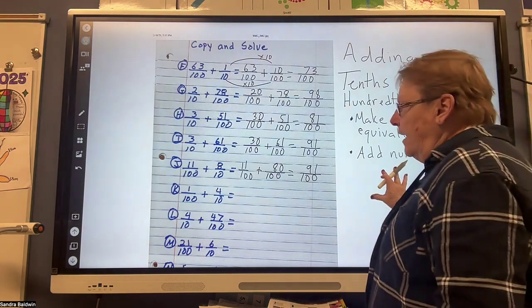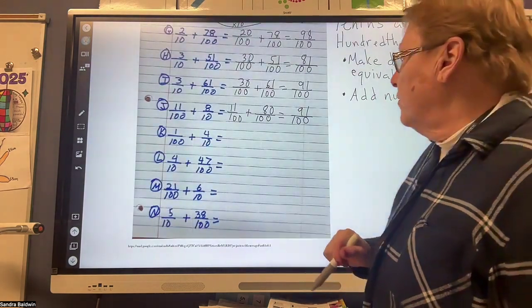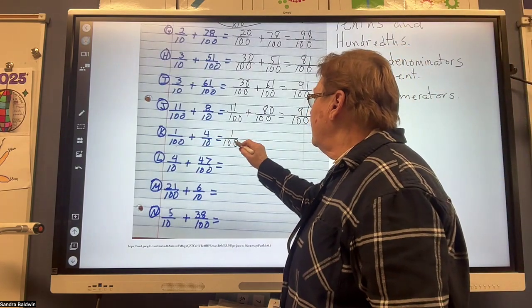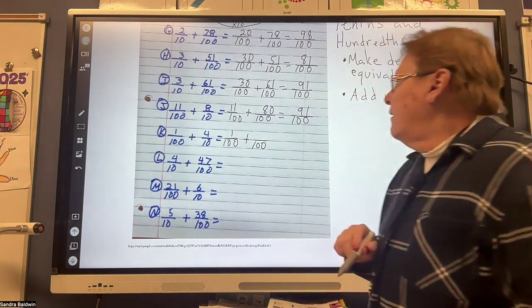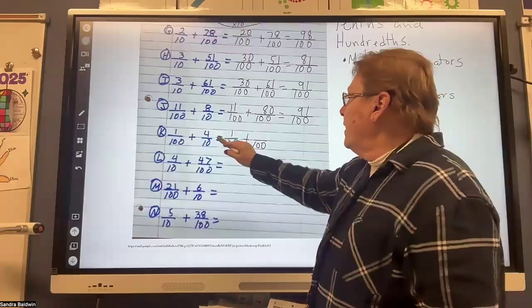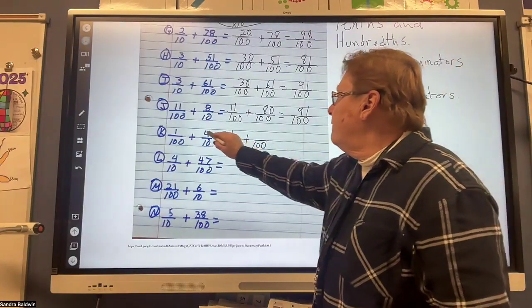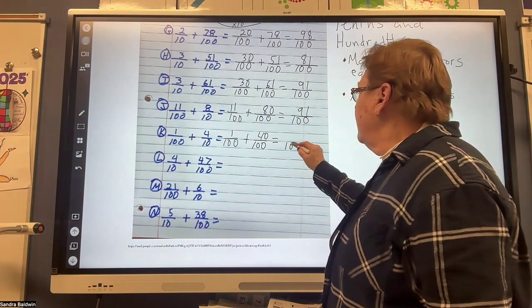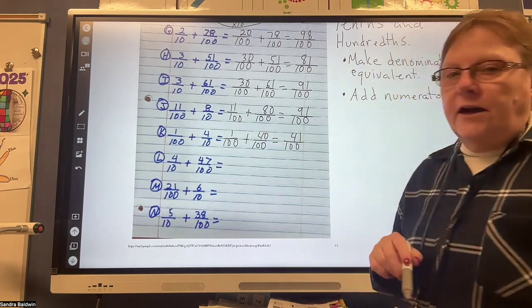Okay, problem K. 1 hundredth plus 4/10. That would equal 1 hundredth plus 40 hundredths. 10 times 10 equals 100. 4 times 10 equals 40. I will add those two together and it will become 41 hundredths.